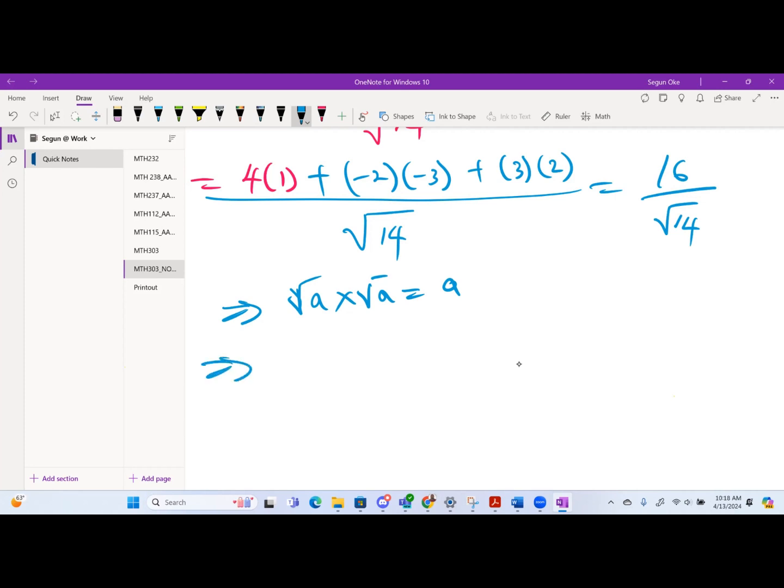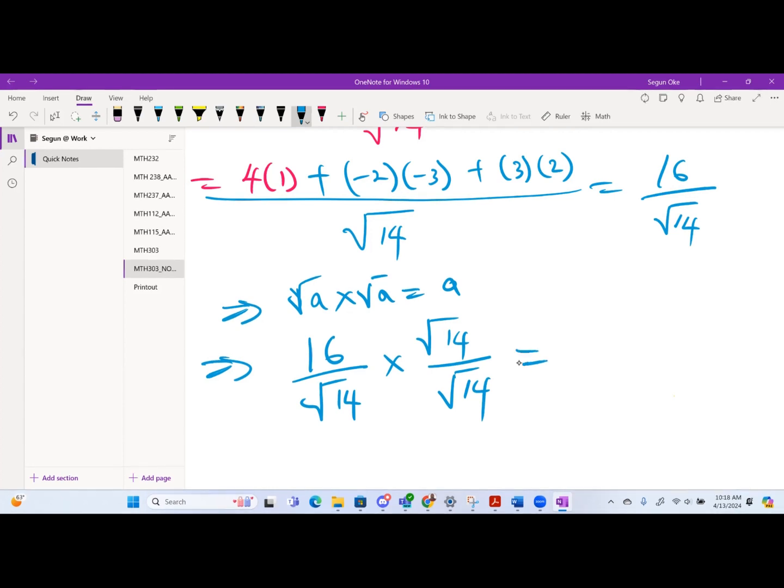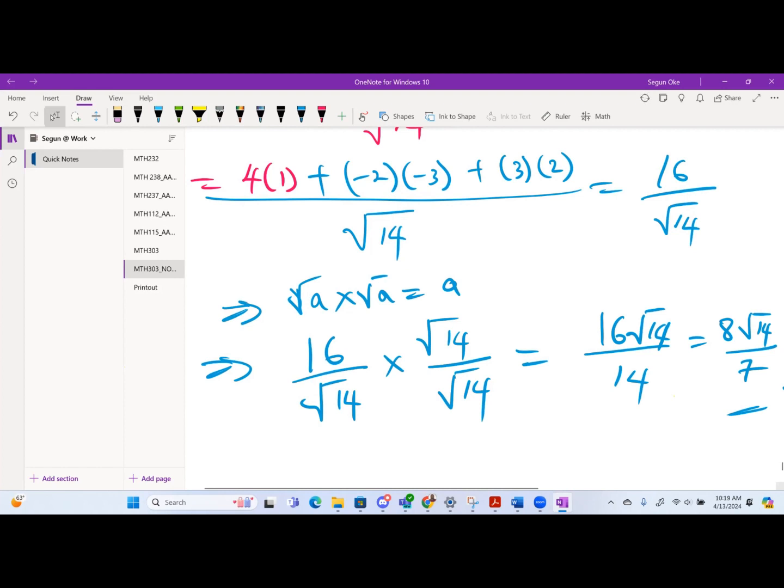I'll have 16 root 14 over root 14 times root 14, and root 14 times root 14 gives me 14. Then I have 16 root 14 over 14, but 2 can go into these, 2 goes into 14 seven times, and I have 8 root 14 over 7. So this will be the solution for this. Any question?